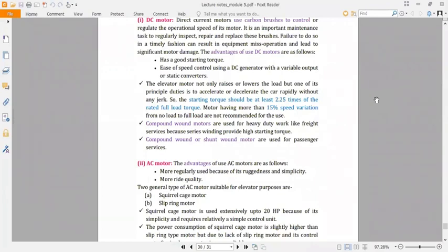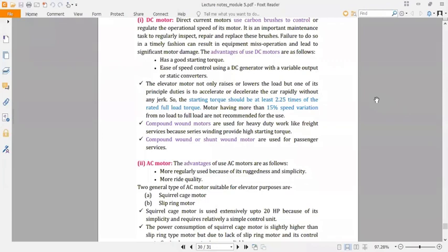If you remember the DC series motor which we use in the traction system, in electric trains we are using the DC series motor because it has very high starting torque. So the DC motor has a good starting torque.